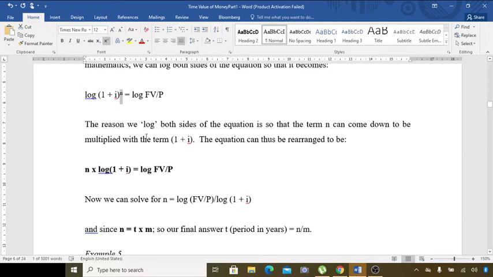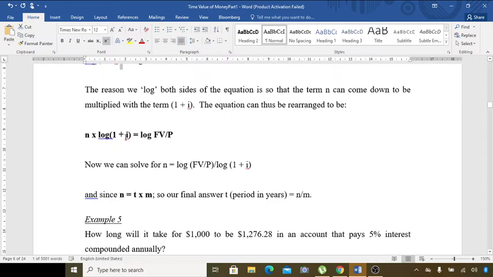It is easier for us to solve if n comes down to the same level as the other terms of the equation. So by logging both sides, the equation can be rearranged to n times log(1 plus i) equals log(FV divided by P). Now we can solve for n: n equals log(FV over P) divided by log(1 plus i).